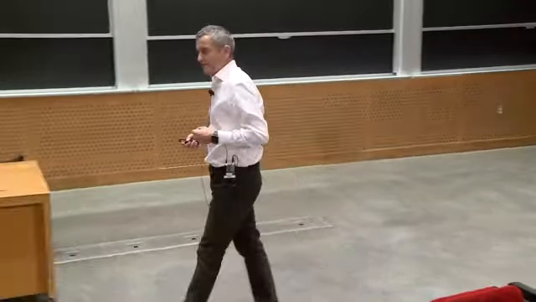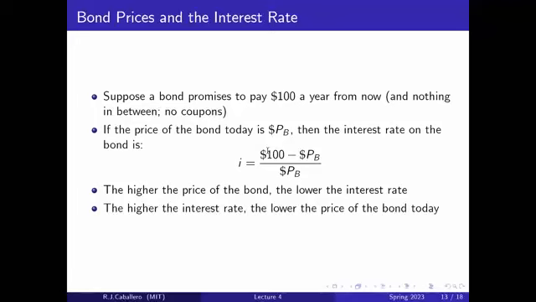So let me talk a little bit about interest rates and bond prices, because that's the other side of this thing. What is the connection? Because sometimes it's easier to understand things in terms of prices than in terms of bonds. So suppose a bond pays $100 a year from now and no coupon in between. If you buy a bond now for some price PB, you get $100 a year from now. So what is the interest rate of that bond?